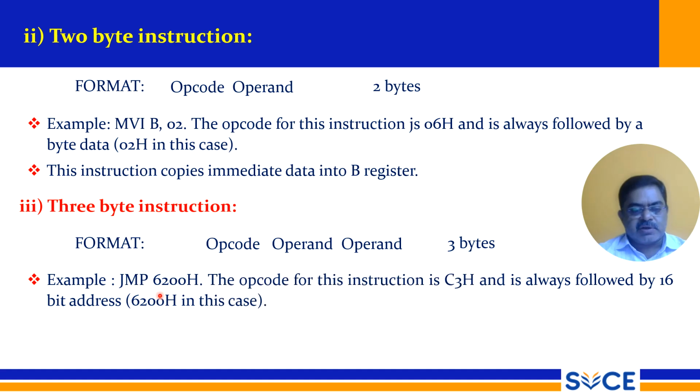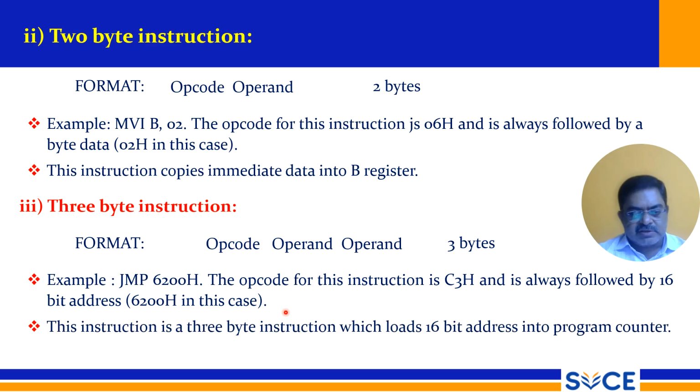So JMP 6200, the opcode for this instruction is C3H, which you can find from the table I showed you in the first slide, and it is always followed by a 16-bit address, 6200H in this case. This is a 3 byte instruction which loads a 16-bit address into the program counter, PC.